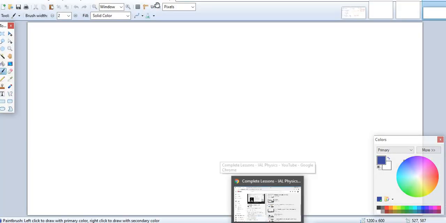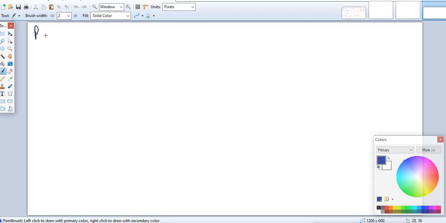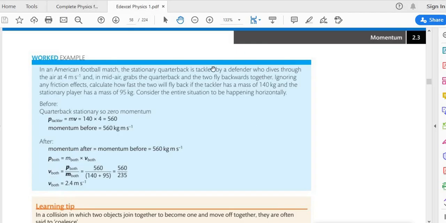So again, before collision, I'll just write before, and one is stationary. So here this is Q, quarterback, u is equal to 0, not moving. Tackled by a defender who dives through the air at 4 meters per second, and in mid-air grabs the quarterback, and the two fly backwards together.